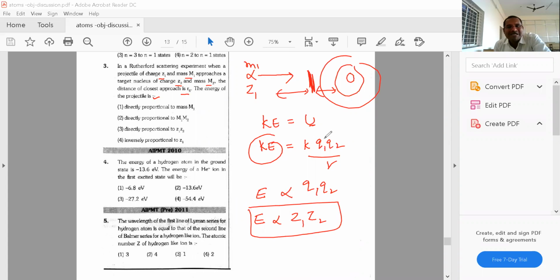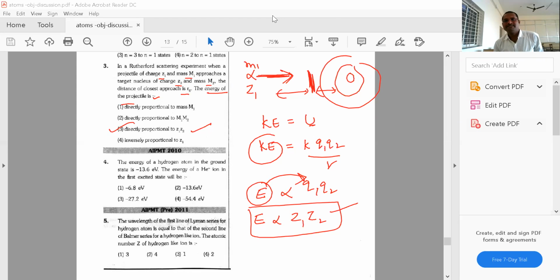It is not proportional to masses. It is proportional to charges. So the energy of a projectile is directly proportional to the product of their charges, Z1 Z2. This point is important, a conceptual question you need to remember.